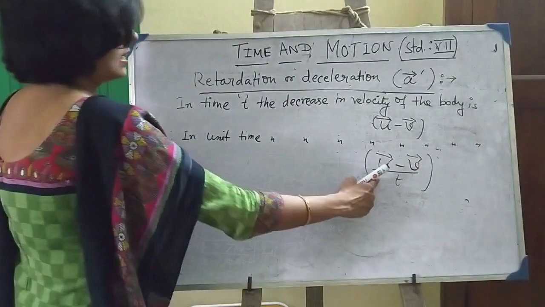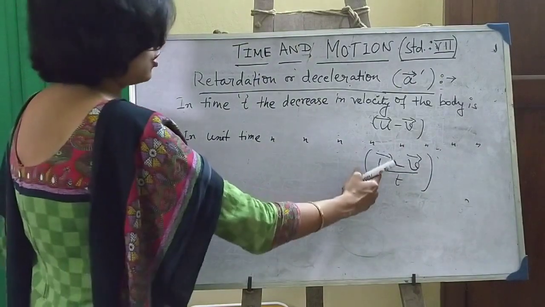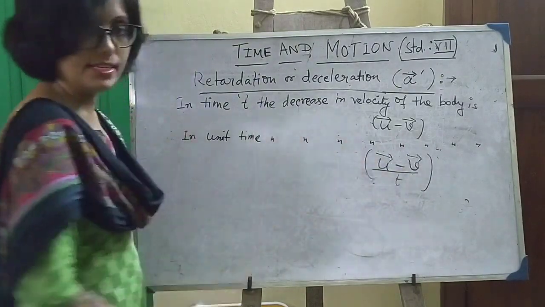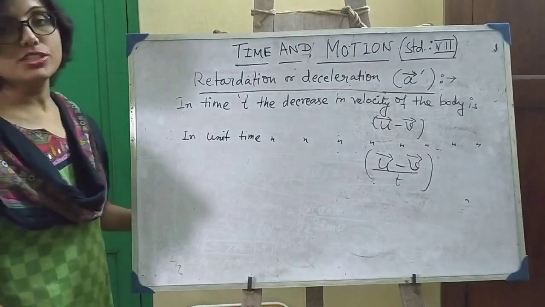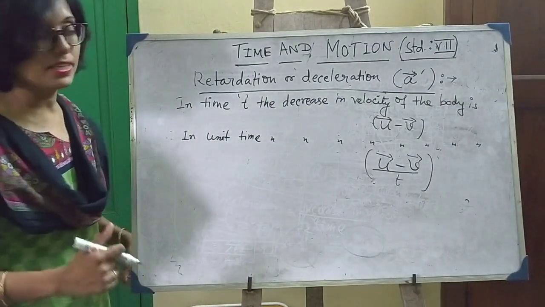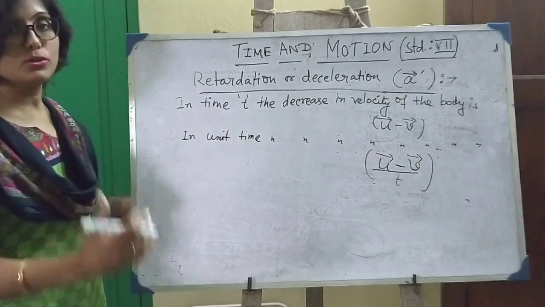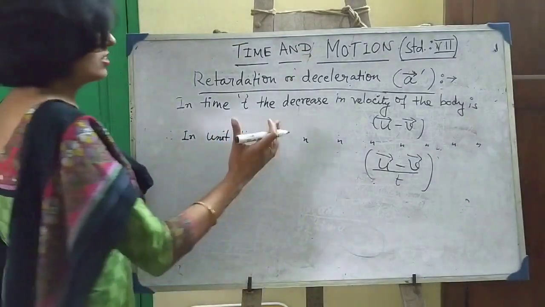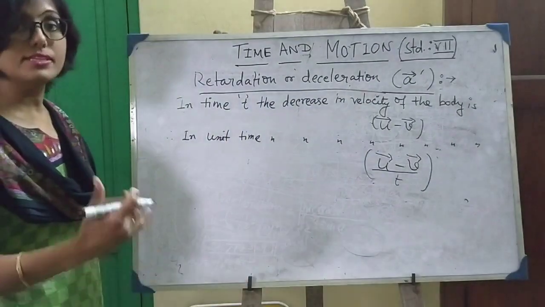Okay, this ratio of u minus v and t is known as the retardation or deceleration of the body. So what is the difference between acceleration and deceleration? In case of acceleration, the velocity of the body is increasing, and in case of deceleration, the velocity of the body is decreasing.